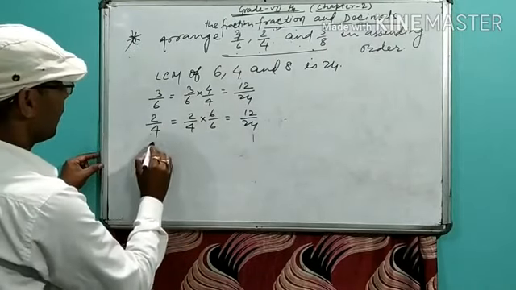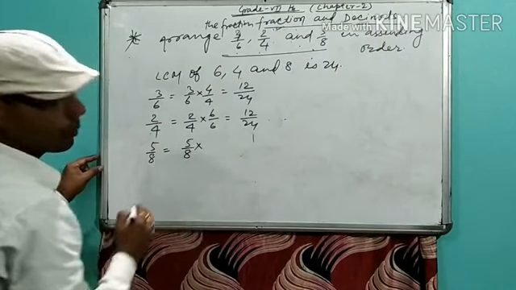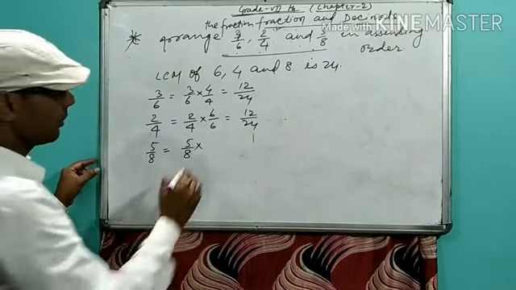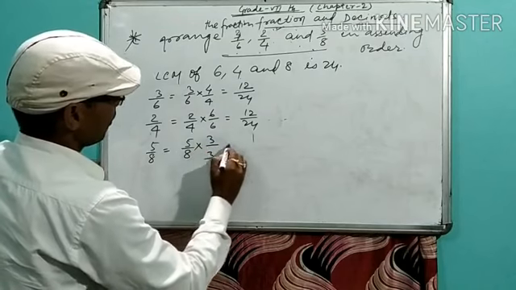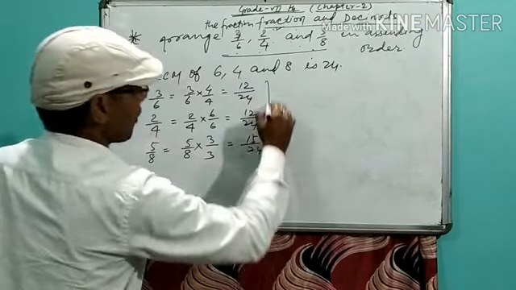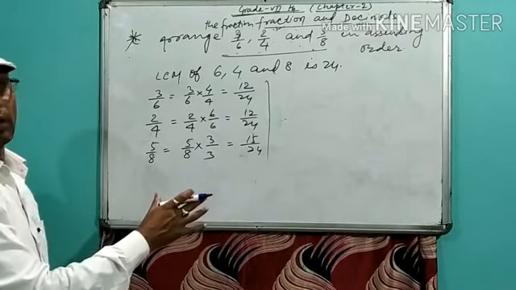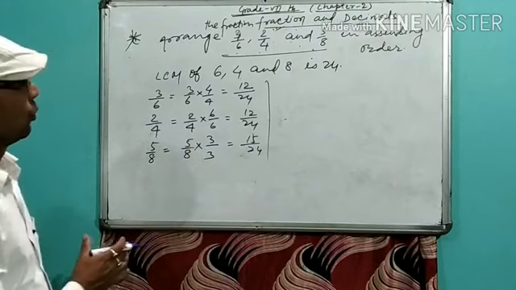And 5 by 8: 5 by 8 into certainly 3, you get 15 by 24. These are the new fractions. Now we have to look.